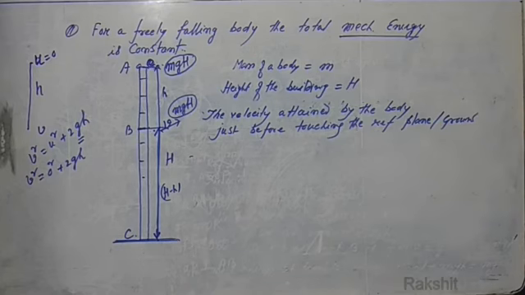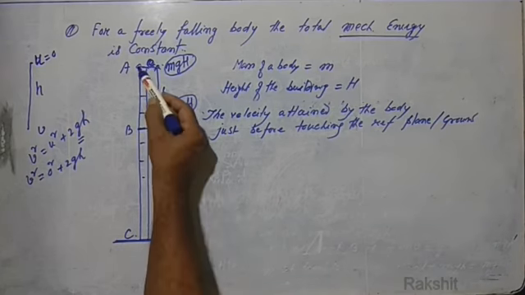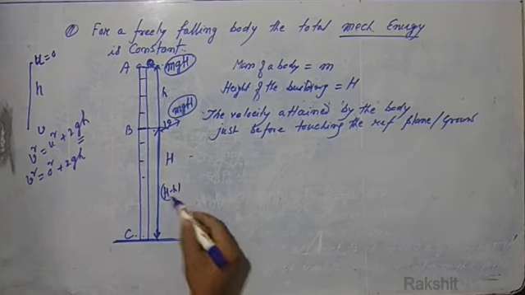So the body travels or falls freely through a distance A to C, and we know the distance A to C is equal to capital H.